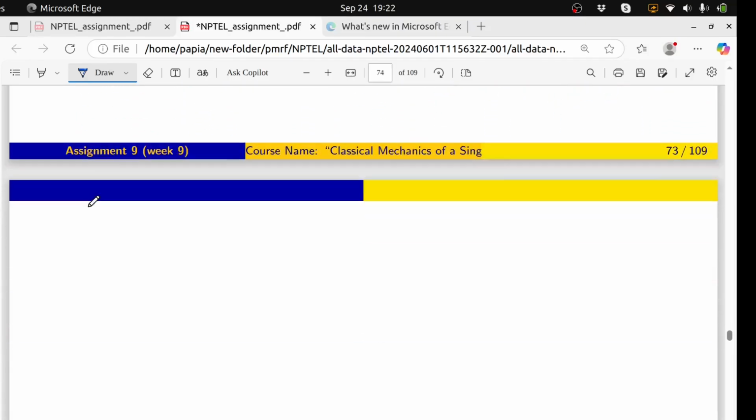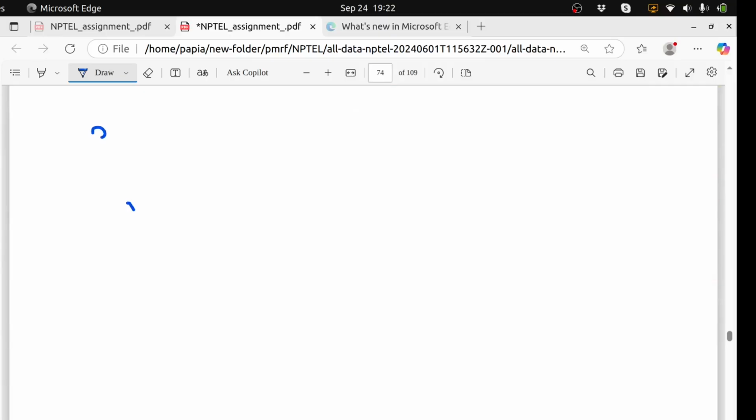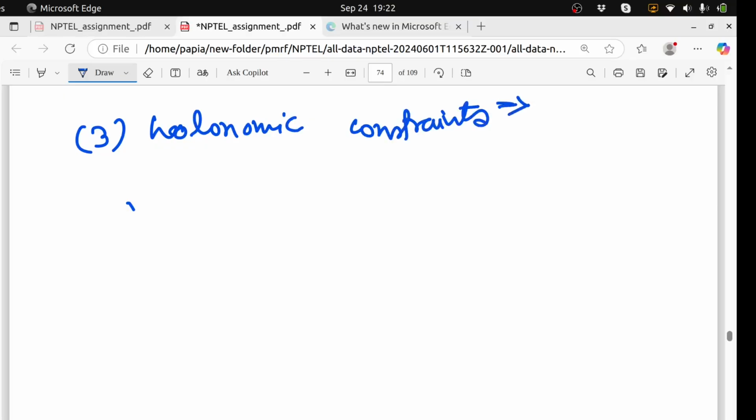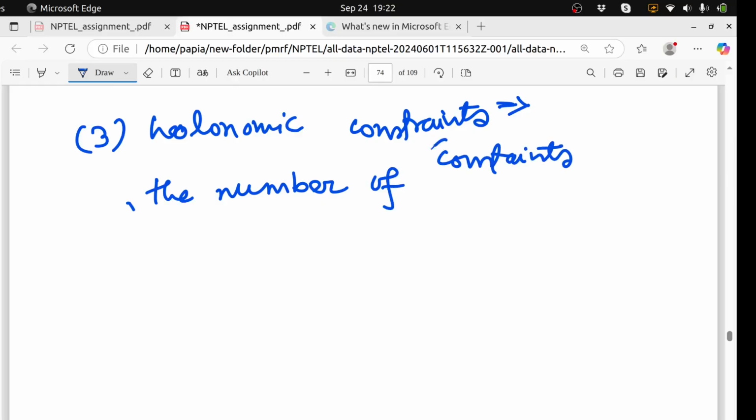Now coming to the holonomic constraints. This is exactly the number of constraints, meaning the opposition, or the forces which can be applied to oppose the actual motion of the particle.